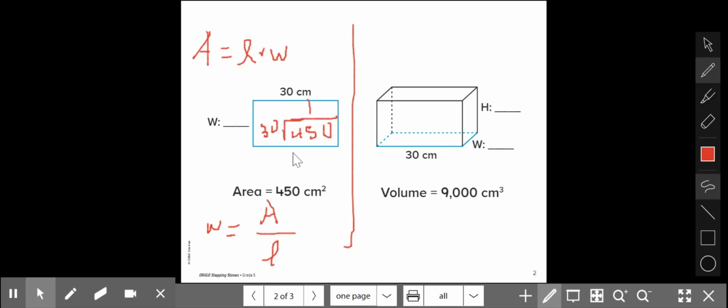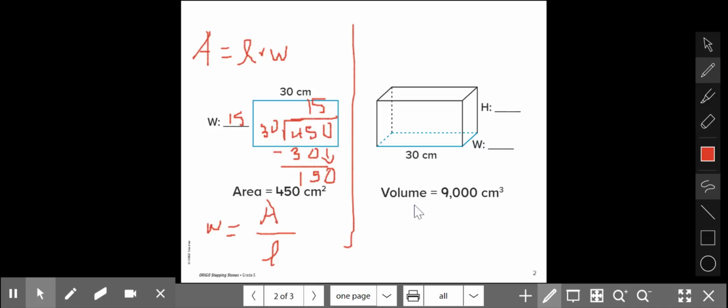It goes into 45 one time. I subtract 30 away because I have only one group. Then I have 15. 30 doesn't go into 15, so I know that I'm right so far. I'm going to bring down my 0. 30 goes into 150 15 times. So if my length is going to be 30, my width will be 15.